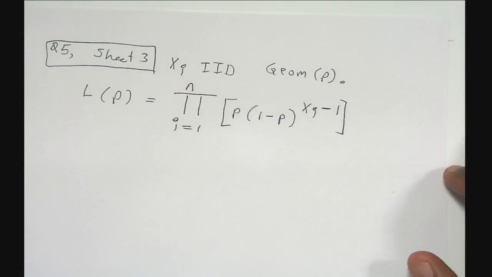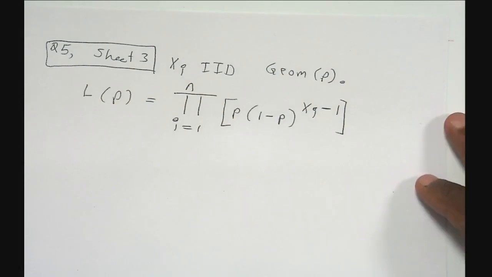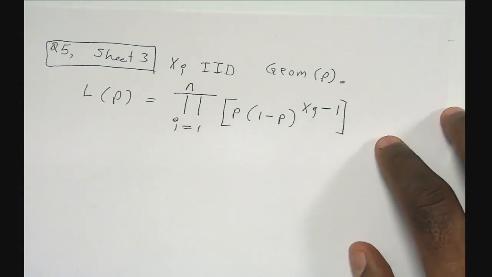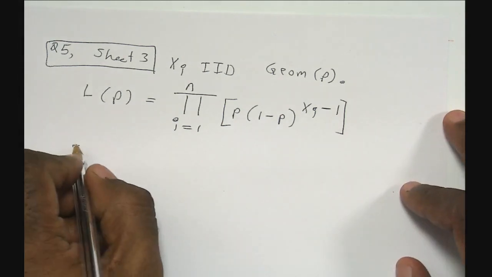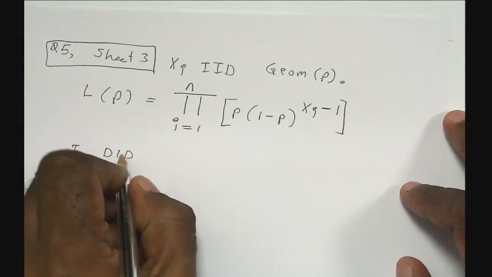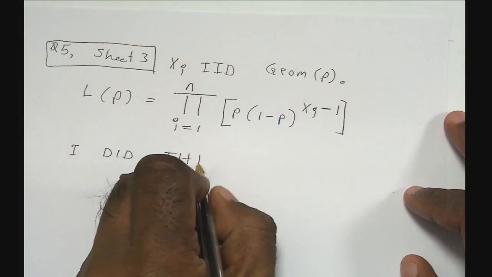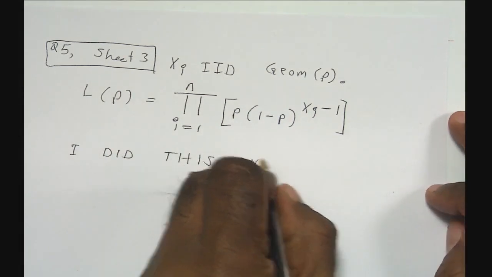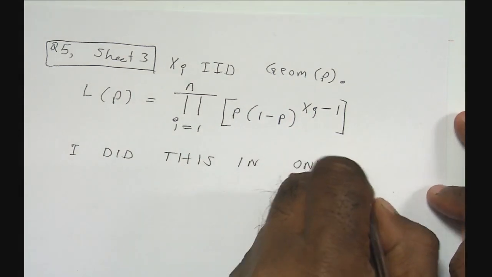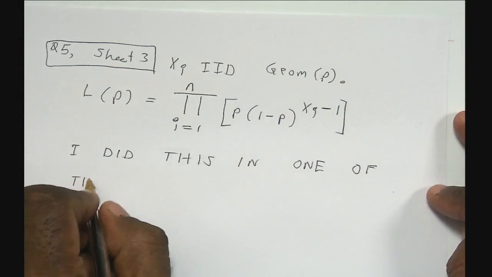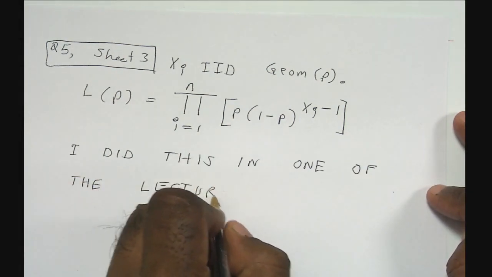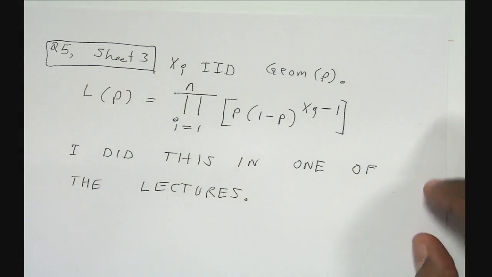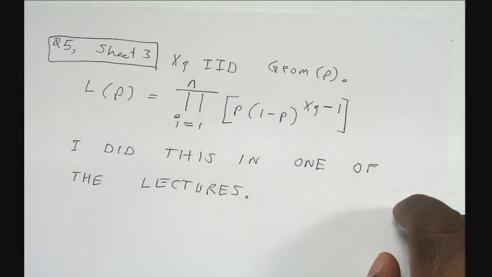All right, this is question 5 from sheet 3. I think this is a question I did. I remember doing this question in one of the lectures as an example.